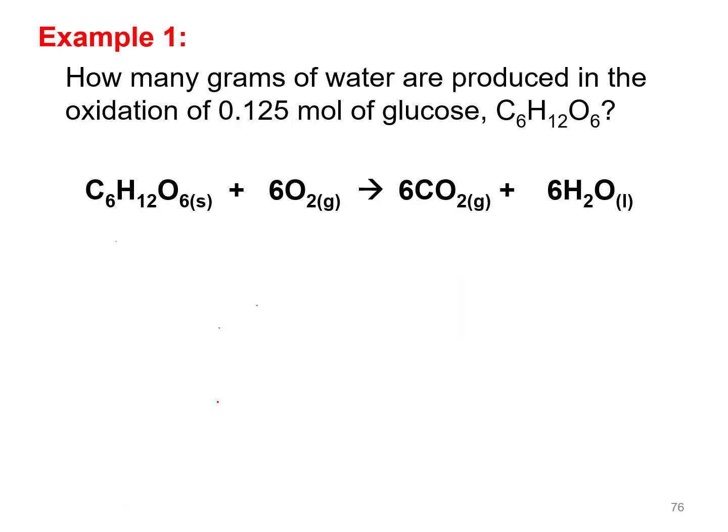Okay, let's look at example number 1. How many grams of water are produced in the oxidation of 0.125 mole of glucose? Here we have 0.125 mole of glucose. The question asks us to find the mass of water.